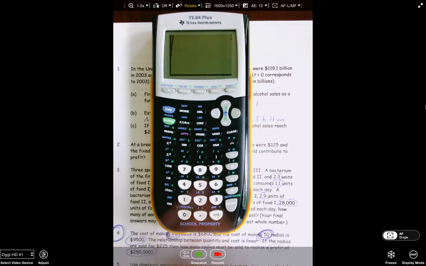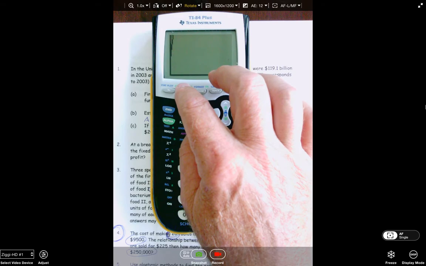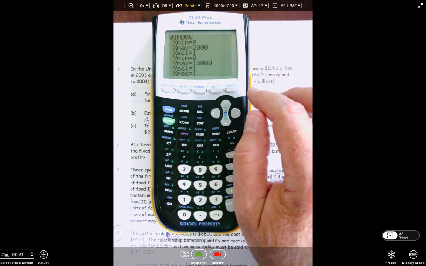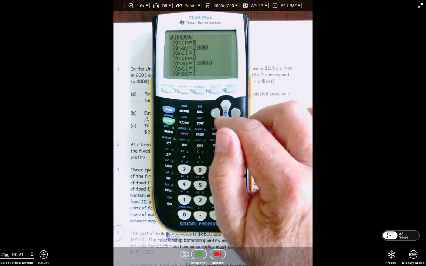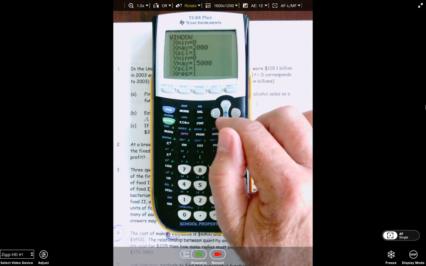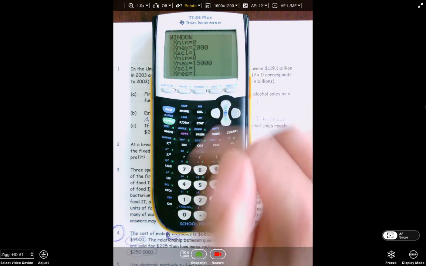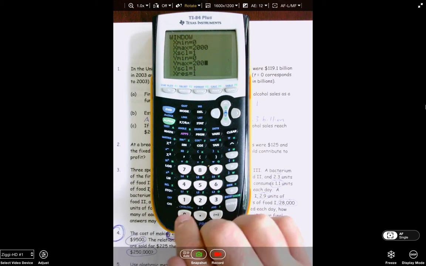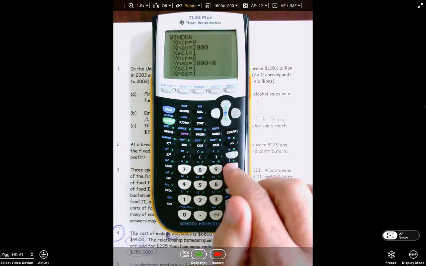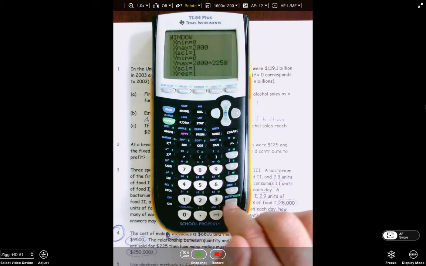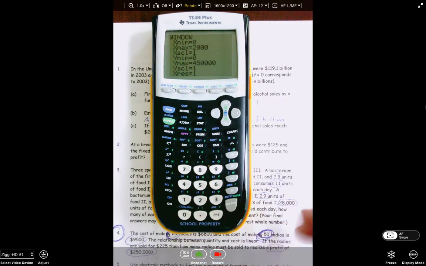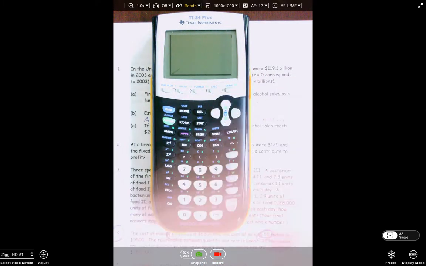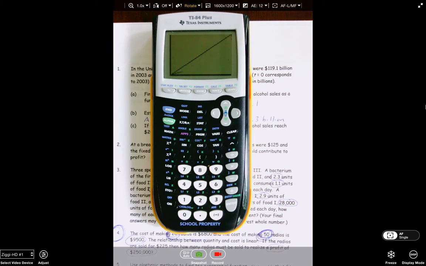It was absolutely horrible. So at 2,000, I'm going to have a revenue of 2,000 times $225. So I need to go out to 450,000 or so. So let's see what happens there. Much better.